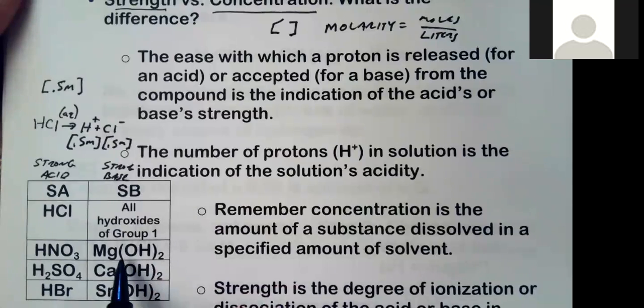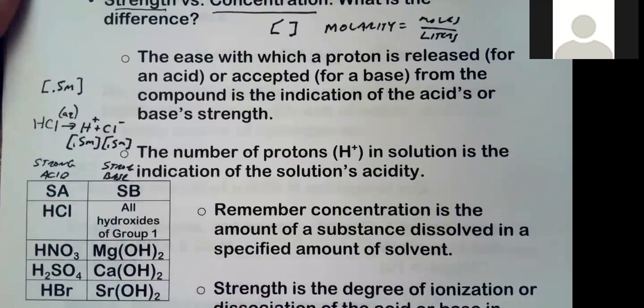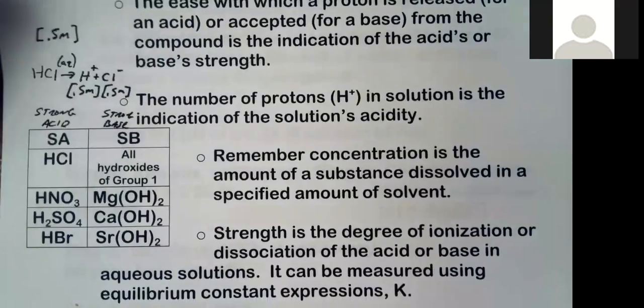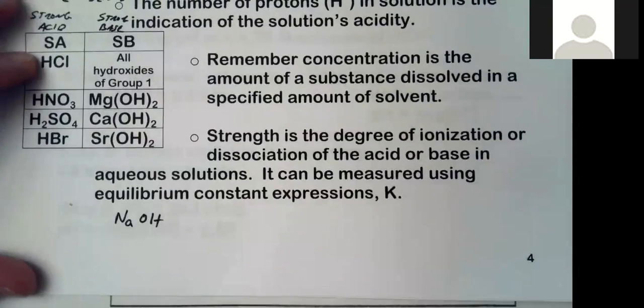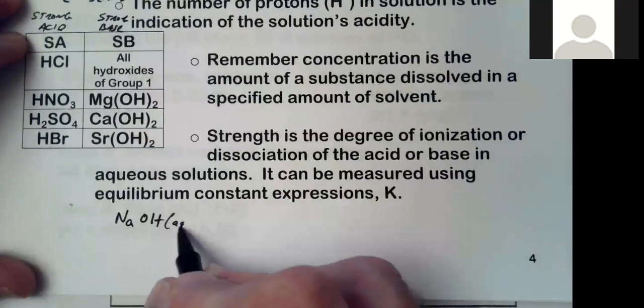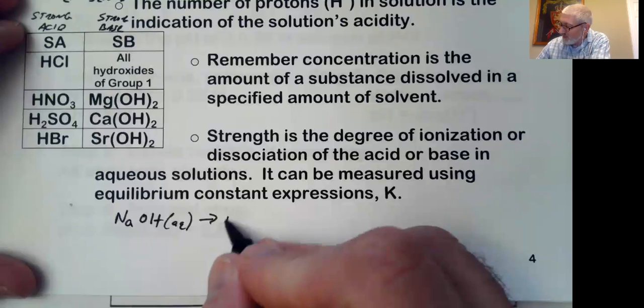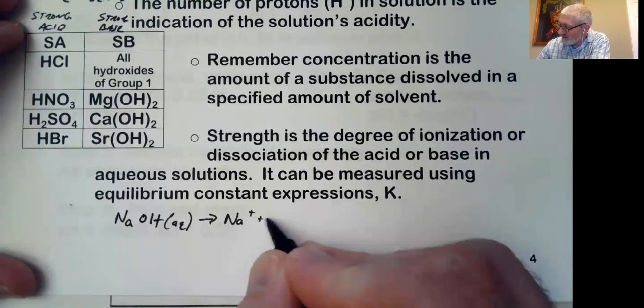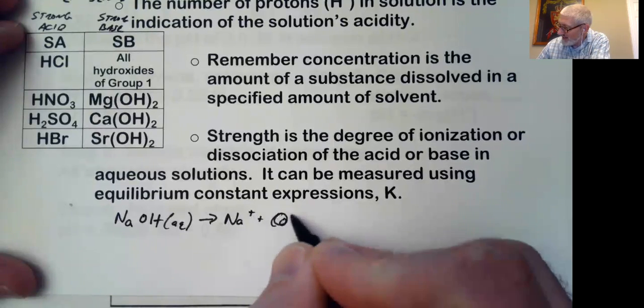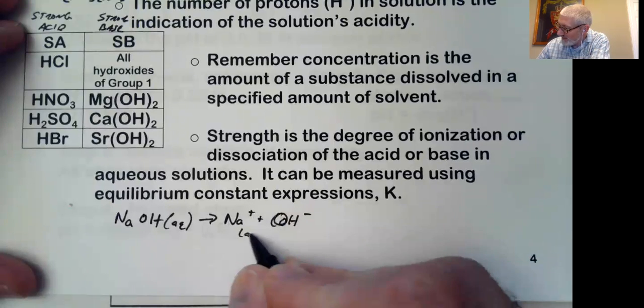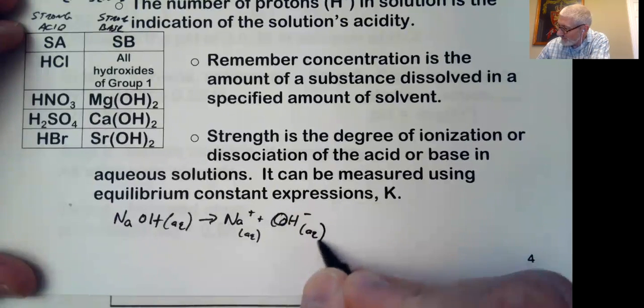And the only tricky part here is if I'm talking about, say, let's do NaOH, and I know I'm off the screen there, so let me scooch this up just a little bit. So let's say that I'm talking about NaOH. Because it is a strong base, I'm going to put it in water, and it is going to completely dissociate into Na plus and OH minus, aqueous, aqueous.